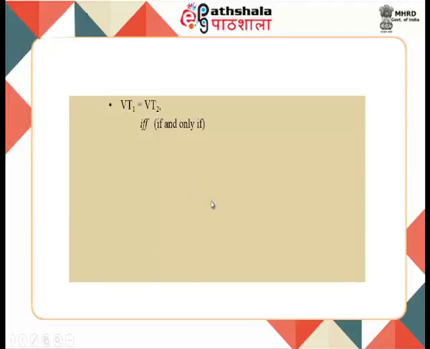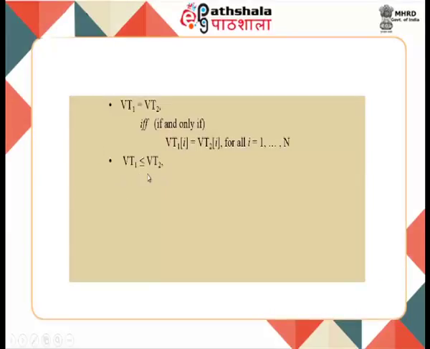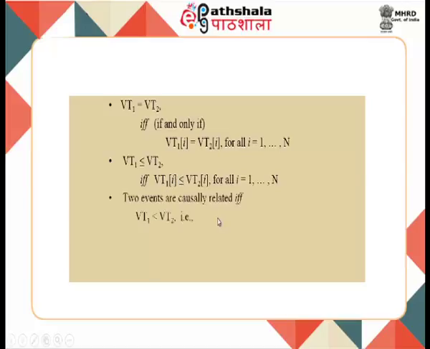Vectors follow very specific rules. Two vectors Vt1 and Vt2 are equivalent or same if and only if for every value of i, Vt1[i] is equal to Vt2[i]. So, two vectors are having the same value if each value inside the vectors is identical, whereas Vt1 is less than or equal to Vt2 if for all i, Vt1[i] is either less than or equal to Vt2[i].